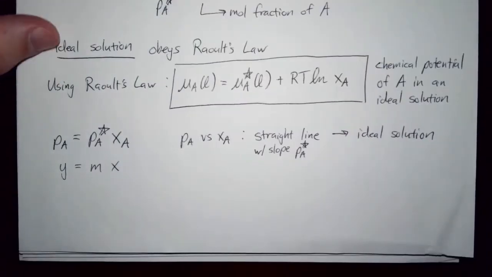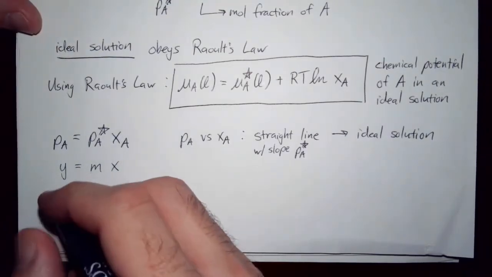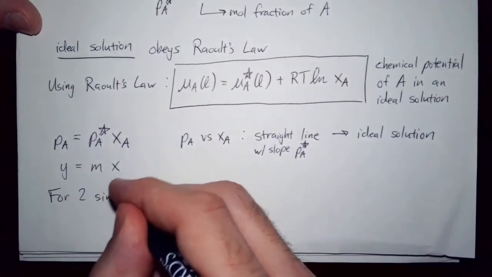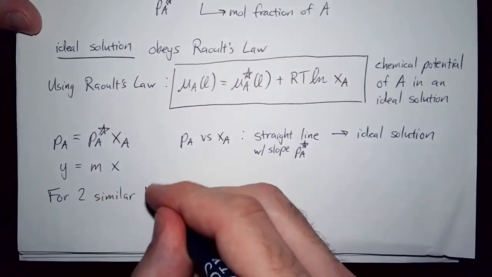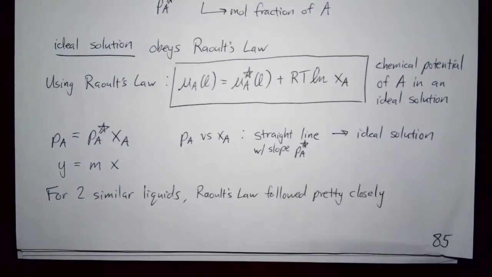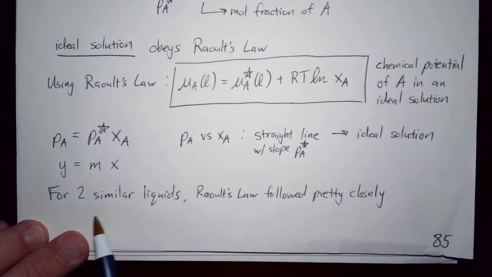So Raoult's law is fairly closely obeyed by mixtures of two similar liquids. For two similar liquids, we will see that Raoult's law is followed pretty closely. And what do we mean by similar liquids? We mean that they have a similar chemical structure. Okay, so let's do an example.